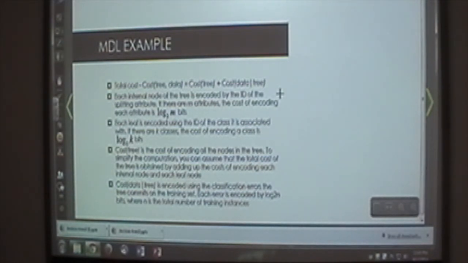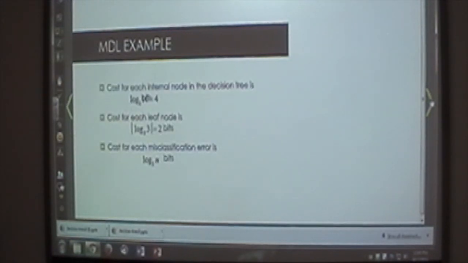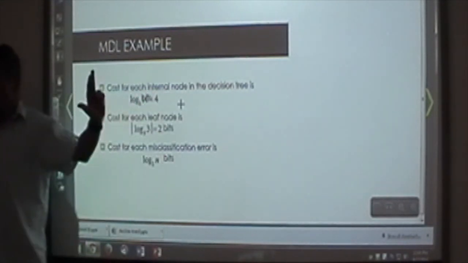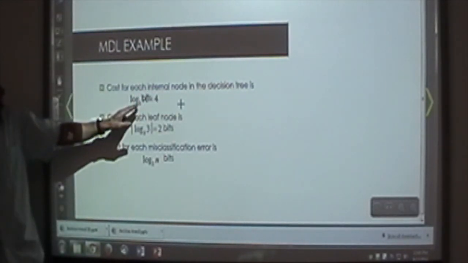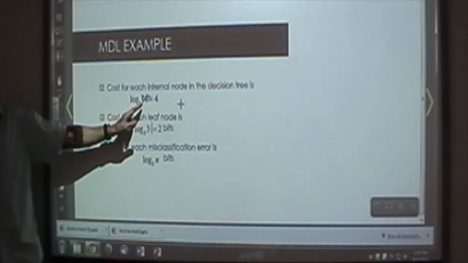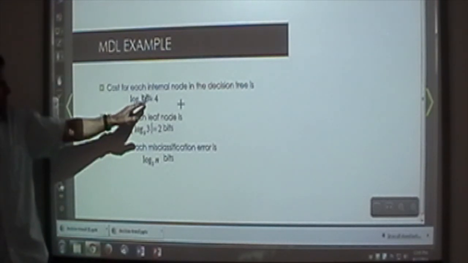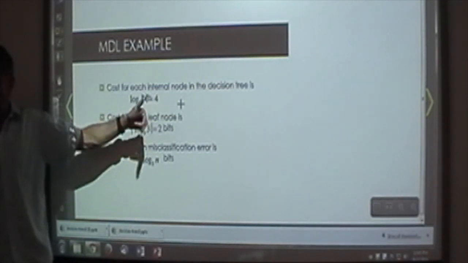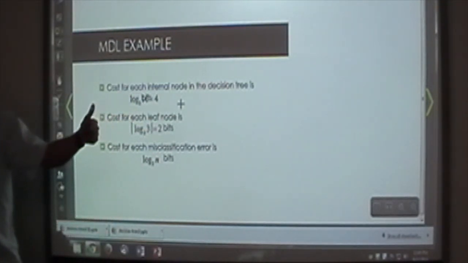Okay, with me? So let's apply that to the problem that we have here. Ouch, I thought I had checked this. In fact, I have, but so I'll read what should be up here. Cost for each internal node in the decision tree is log base 2 of 16 bits, which ends up being 4 bits. Makes sense. Okay?